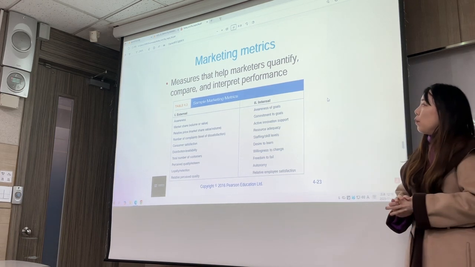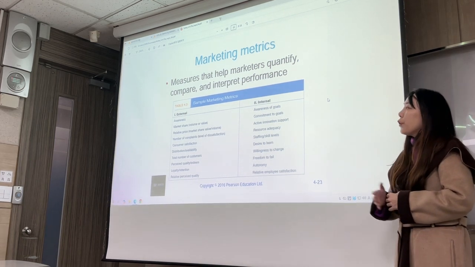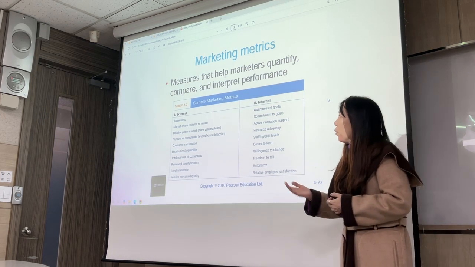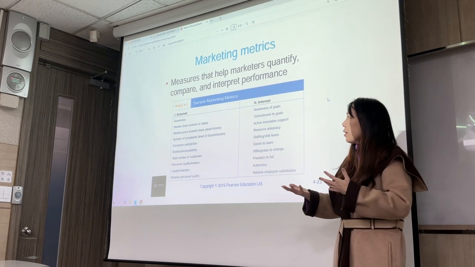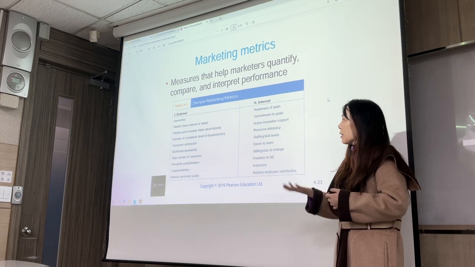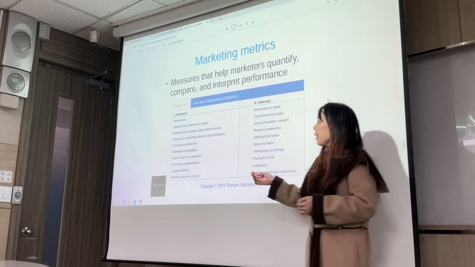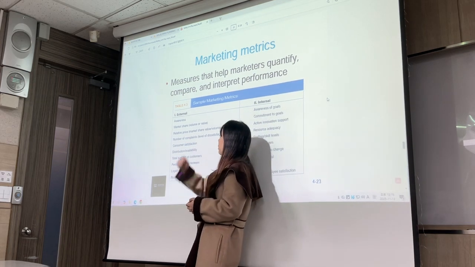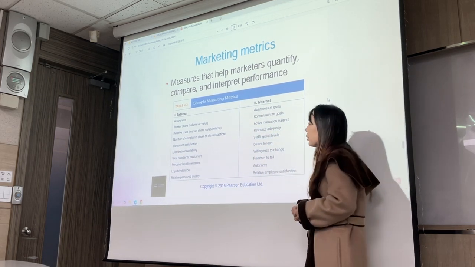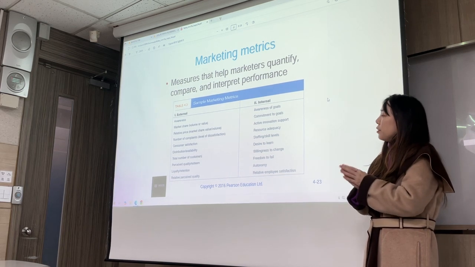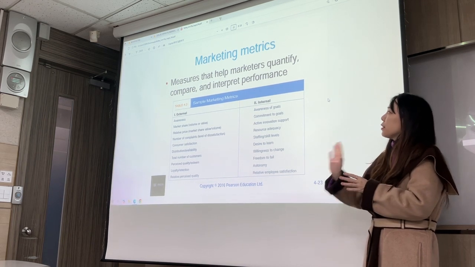So the first factor will be the external factor. So you can ask about brand awareness, or market share, and you can also ask about satisfaction, dissatisfaction, for example. You can ask about the number of complaints, right? And also you can ask about the total number of customers. This is actually external information from your survey, right?